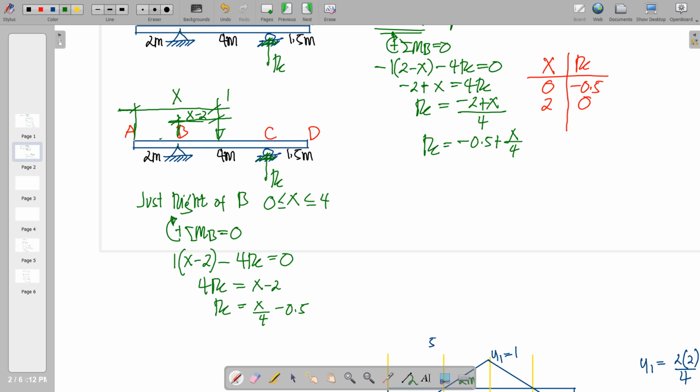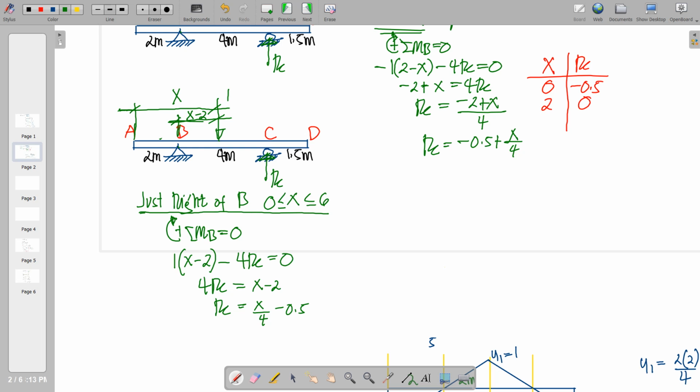Okay, sorry, 6. So this equation just right of B applies to a range of x from 0 up to 6, and that is right of B, but less than C.